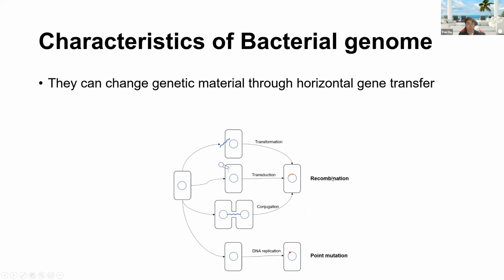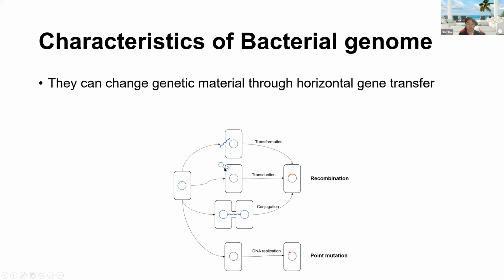And they can change their genetic material through horizontal gene transfer. So mutation can happen during DNA replication, which is a typical point mutation. They can absorb a free DNA element from the environment, which is called transformation.